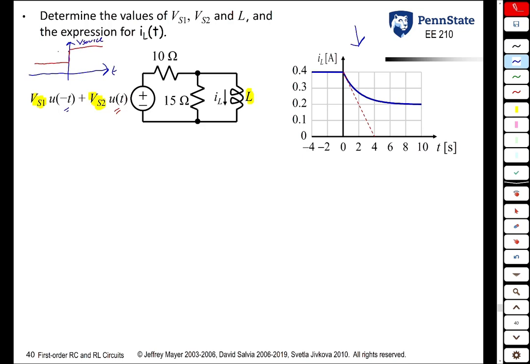So V source is going to look something like that. But we don't know what the values for Vs1 and Vs2 are. Because we have three unknowns in the circuit, we need to gather three pieces of information from the plot.